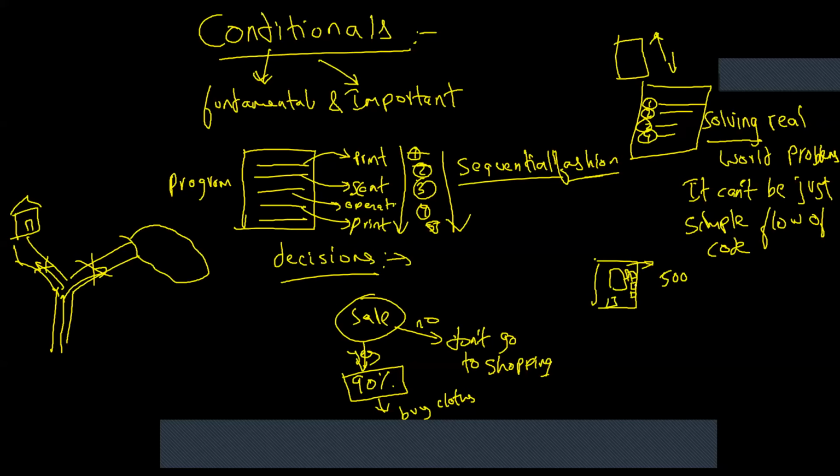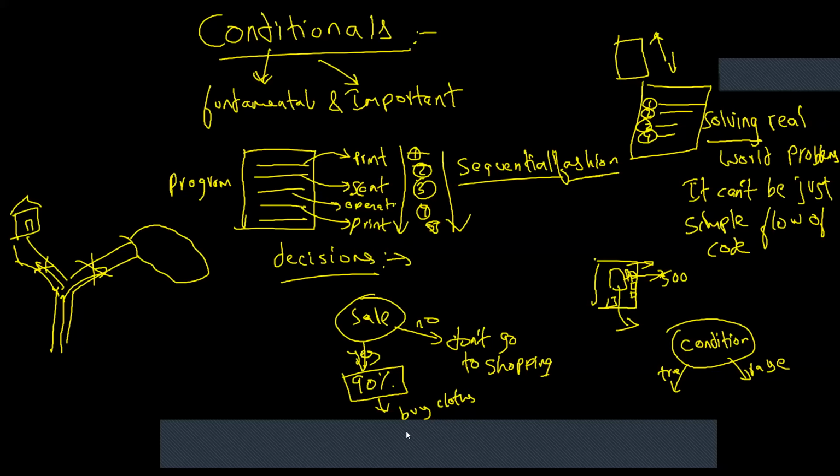So there's a decision it is making based on the balance available. Everywhere in real life, in one case something will happen, in another case something else will happen. If the condition is true, a certain code will be running. In the other case, certain other code will be running. That's the most fundamental thing of programming as well as real life.